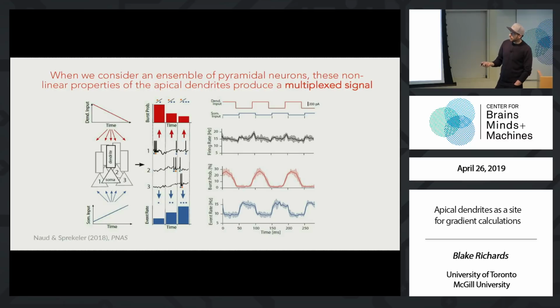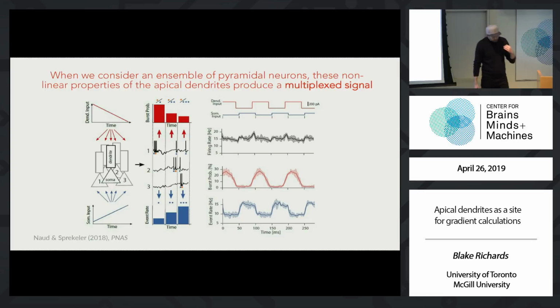But if you instead analyze the event rate and the burst probability across the population, the event rate fairly closely matches the current that is being received by the perisomatic compartments, and the burst probability fairly closely matches the current that is being received by the apical dendritic compartment. And this is happening simultaneously. So in other words, you have a multiplexed signal. This ensemble of neurons is simultaneously communicating two different streams of information. One about what it's receiving at its perisomatic compartments, and one about what it's receiving at its distal apical compartments.